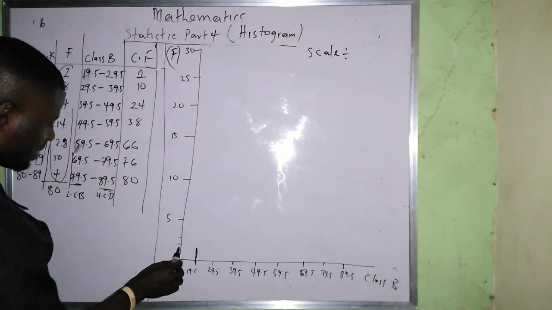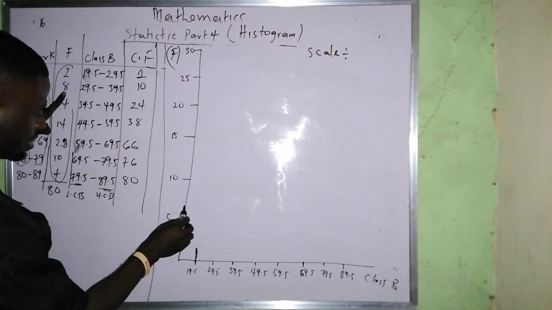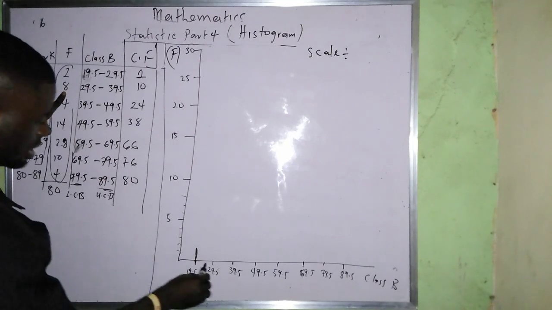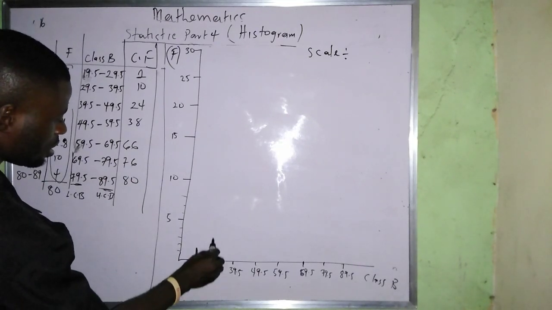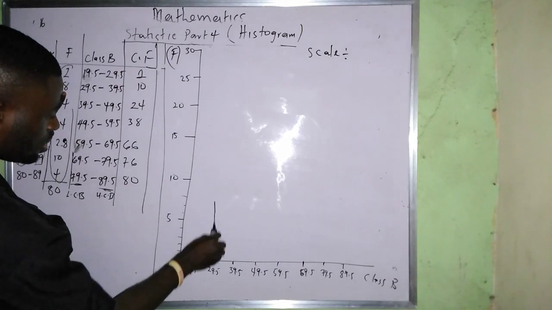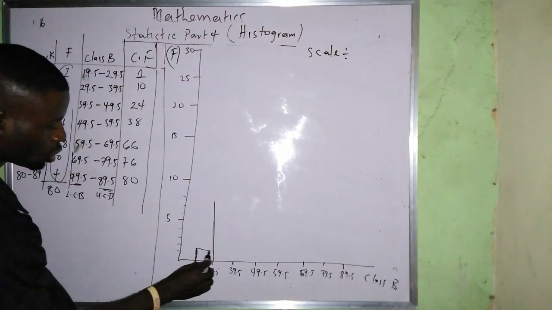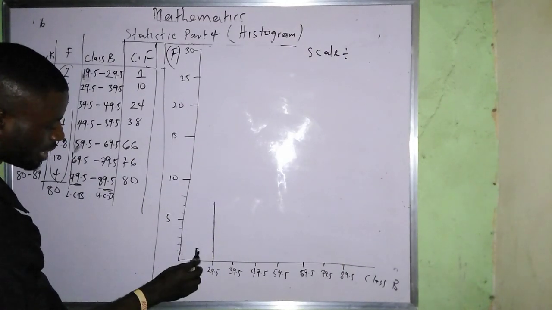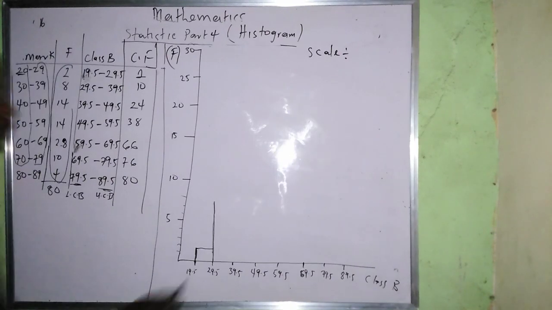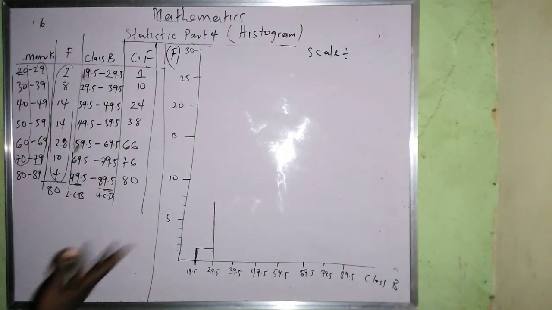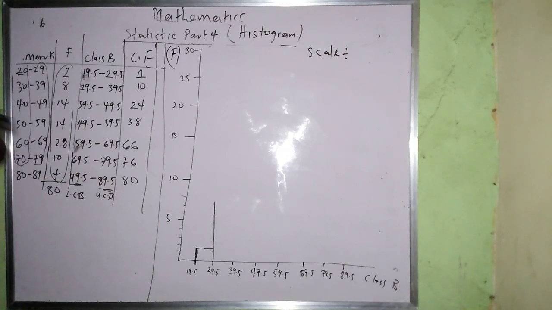My 8 is around here: 5, 6, 7, 8. This is going to be my 8. Sorry, it's going to be inside the graph. This is just sketching to show how it's going to look. Now, with the help of your graph, it will make it neater and give you equal bars.